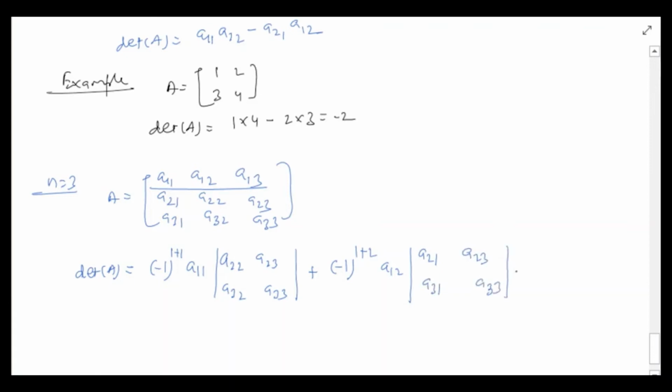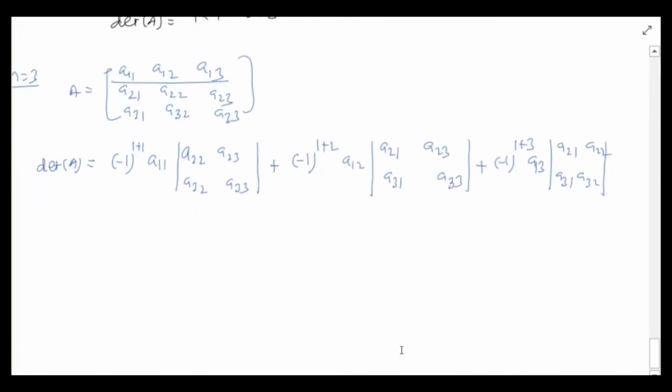Finally, I'll go to the third entry in this row, and I will now have 1 plus 3, A13 times determinant of the submatrix A21, A22, A31, A32. This is how determinant of matrix A, which is a 3 by 3 matrix, can be written in terms of determinants of 2 by 2 submatrices. And here we have expanded along the first row.